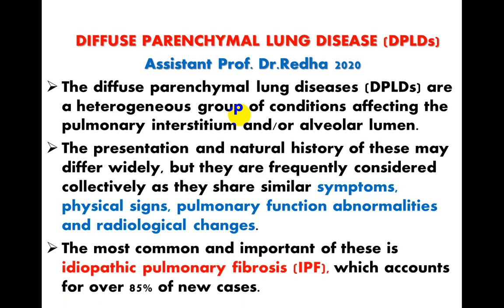The most common type of diffuse parenchymal lung disease, which we'll discuss today in detail, is called Idiopathic Pulmonary Fibrosis, IPF, which accounts for over 85% of new cases of diffuse parenchymal lung disease.